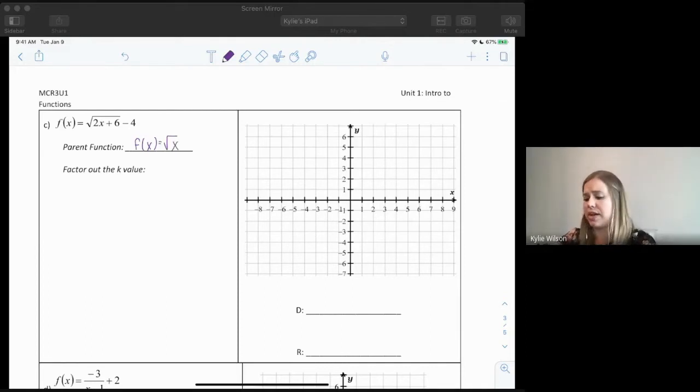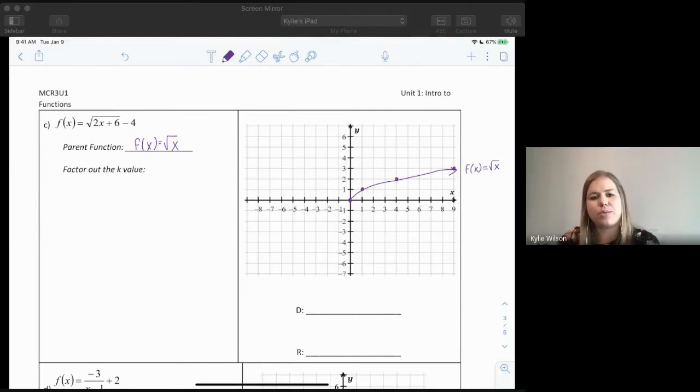So let's draw that right away onto our graph. There we go. A little wiggly, but that's okay. So that is f of x equals root x.